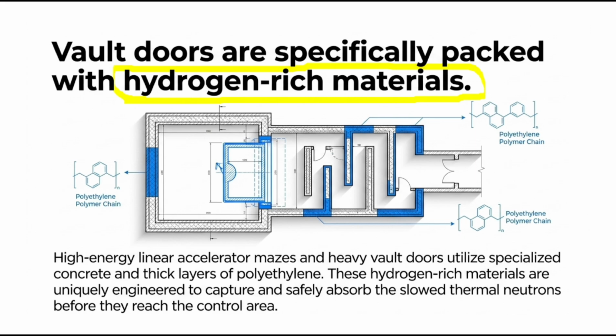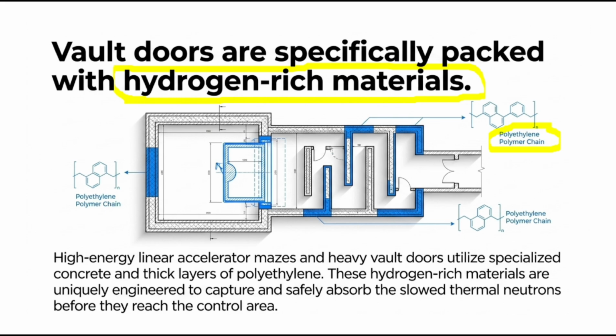Look at the blue sections in the diagram. These blue sections show the polyethylene. Materials like solid polyethylene are used for this exact purpose. Remember the billiard ball collision we just discussed. The massive amount of hydrogen in polyethylene forces the fast neutron to crash.